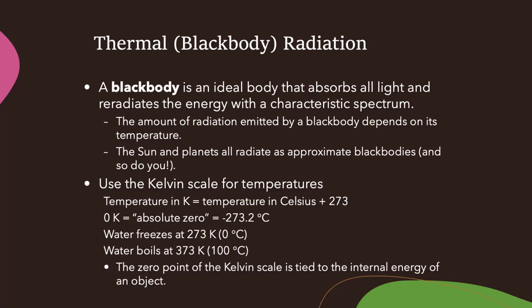And so this is where the important connection comes in. The amount of radiation that an object emits is very closely tied to its temperature. So based on an object's temperature, we can predict how much light it will emit.